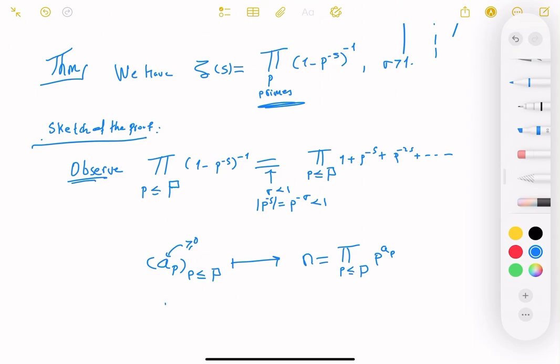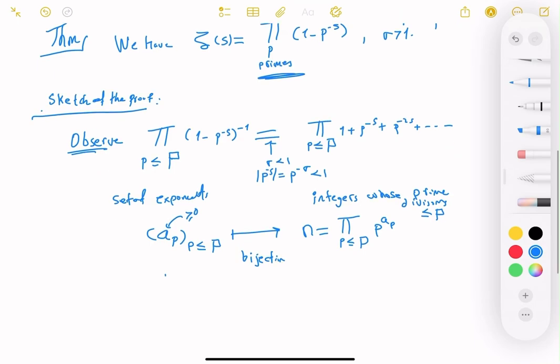So here we have the set of exponents, and here we have integers whose prime divisors are less than or equal to P. Okay, so we have this bijection here, and by the theory of sums of products and products of sums, you can interchange these by absolute convergence.